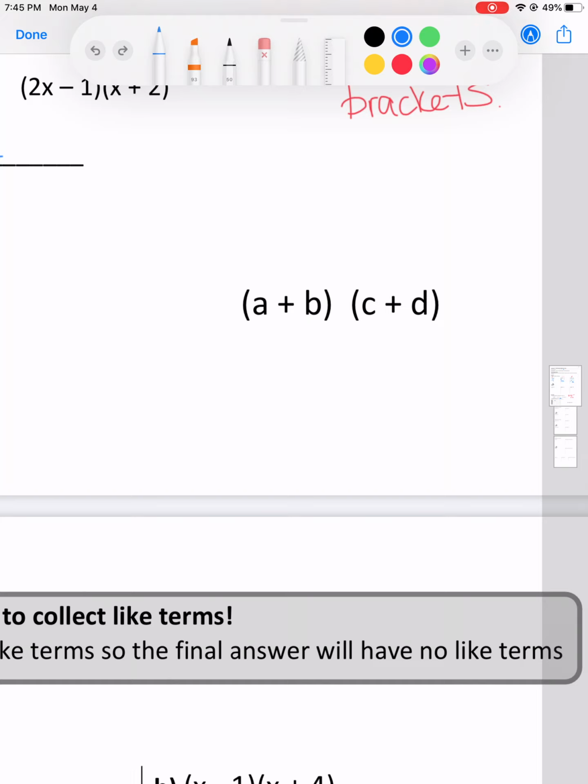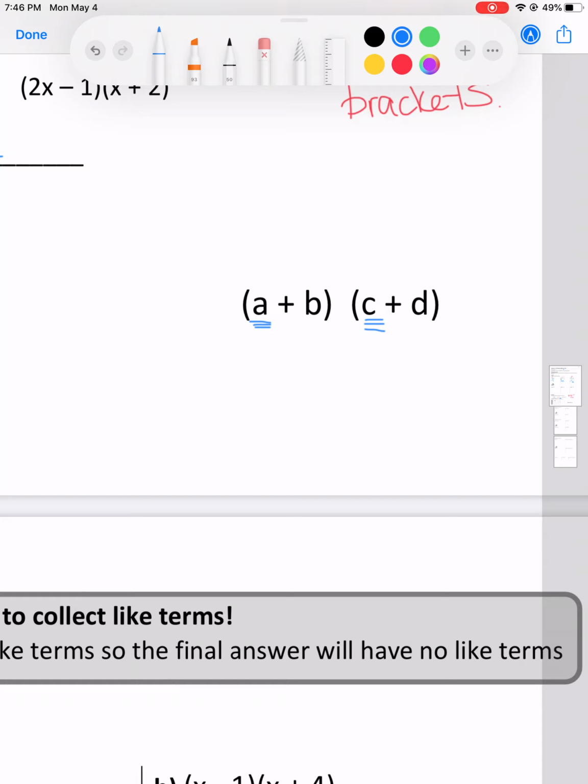Okay. It could be a number, it could be a letter, or it could be both. That's why I'm calling it a term, not just a number. Again, we are going to be doing lots of examples, so I'll show you. So, first means this guy and this guy. They're both the first term in the brackets.